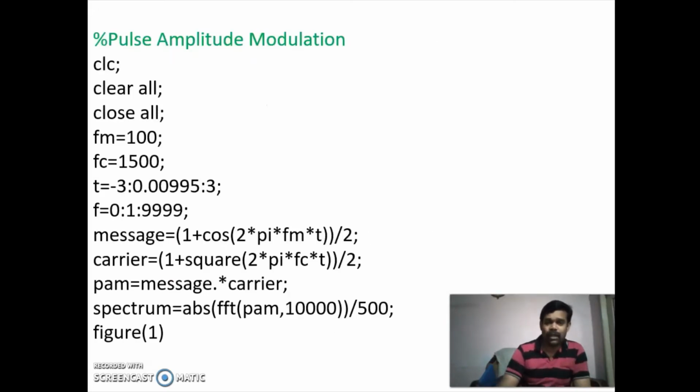Now I'm going to explain the pulse amplitude modulation and its spectrum program. In pulse amplitude modulation, the carrier is a pulse and the message signal or modulating signal is an analog signal.